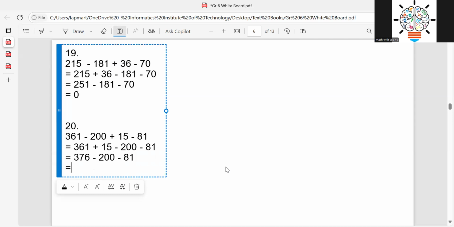So from 376, you subtract 200, then you subtract 81, it gives me 95, right? Always you want to get the similar ones closer, so 95 is the final answer, okay?